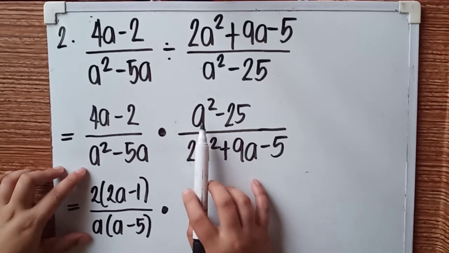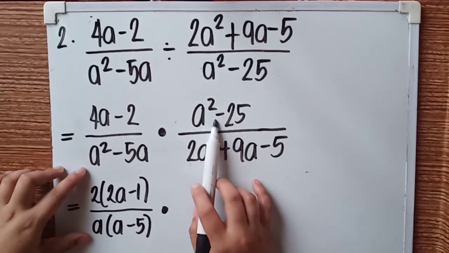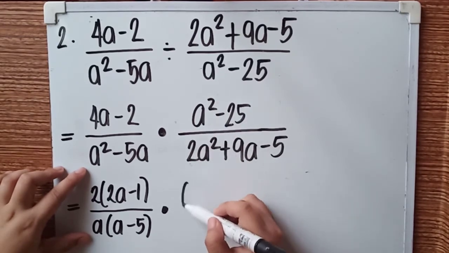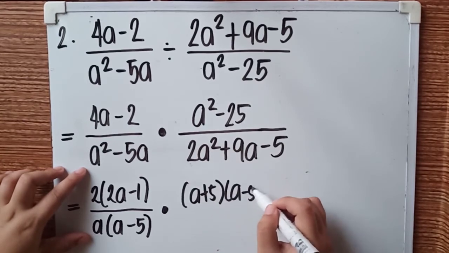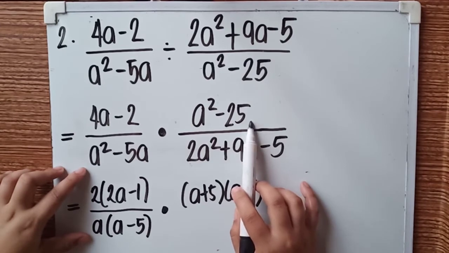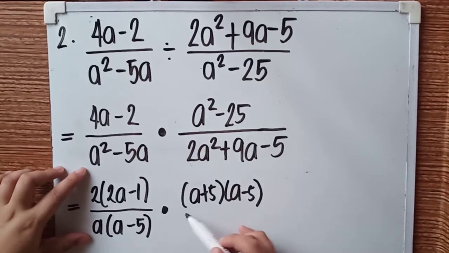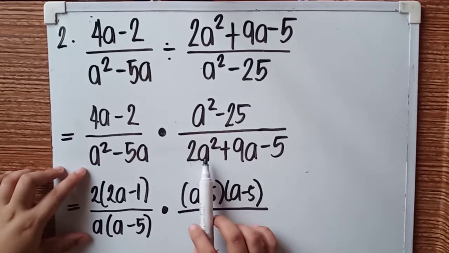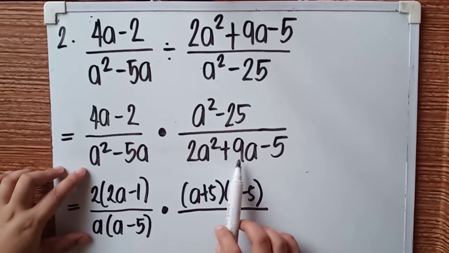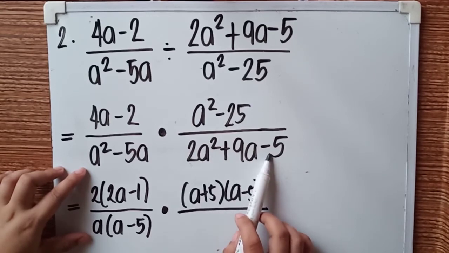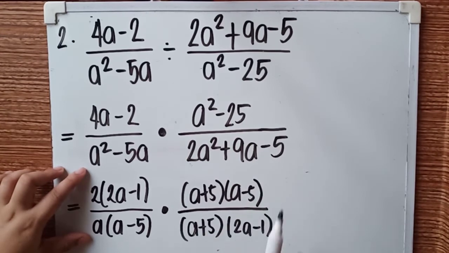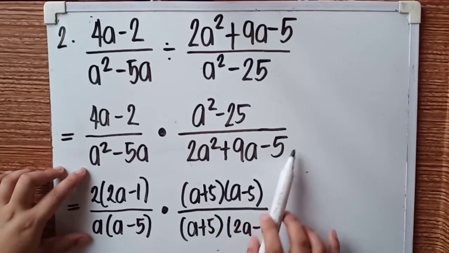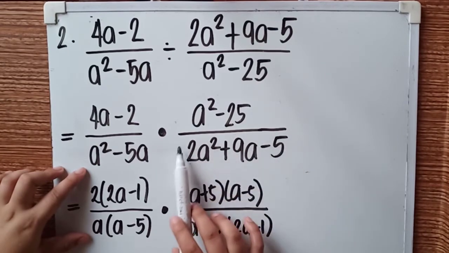The factored form of a squared minus 25 is the product of a plus 5 and a minus 5 by factoring difference of two squares. The factored form of 2a squared plus 9a minus 5 is a plus 5 and 2a minus 1 by factoring general trinomial where a is greater than 1.